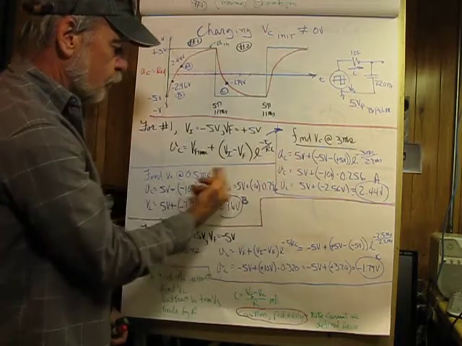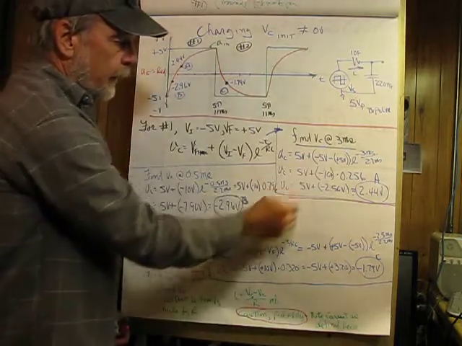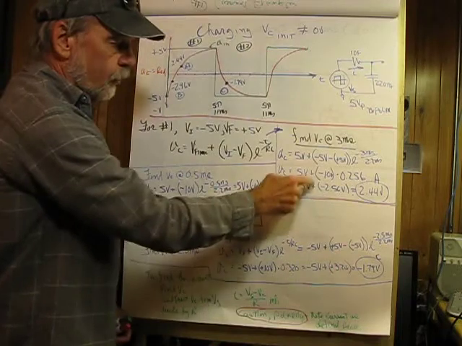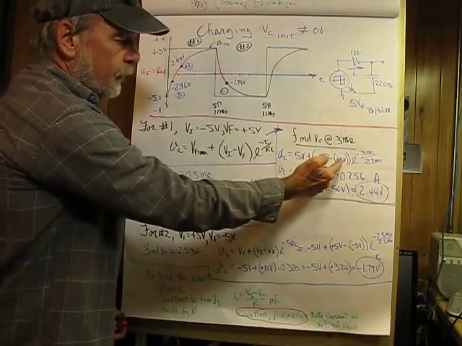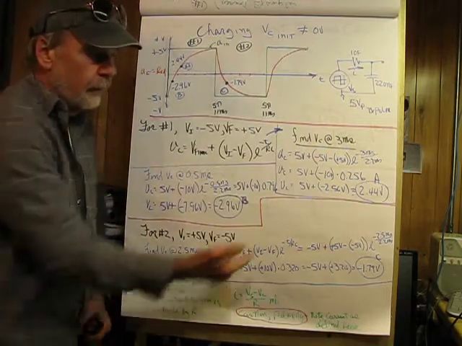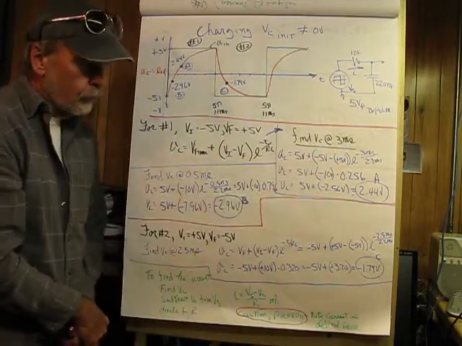So populating the equation, we have VC equals 5 volts, which is V final, plus the quantity V initial, -5 volts, minus V final, which is +5 volts. I'm explicitly putting the signs in here so as not to be confused.